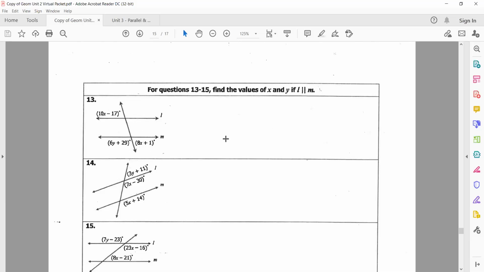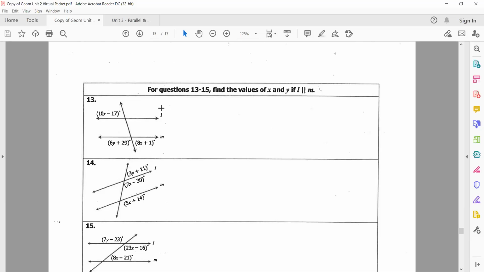What's the relationship between those two angles? Again, go back to your checklist. Are they consecutive? Alternating. Alternate what? Exteriors. Alternate exterior angles are congruent.